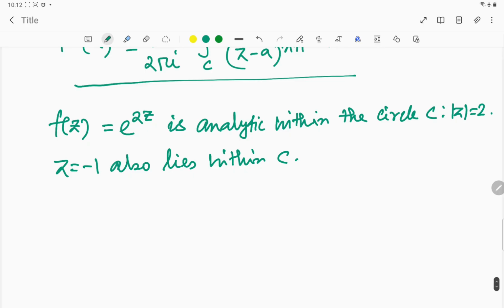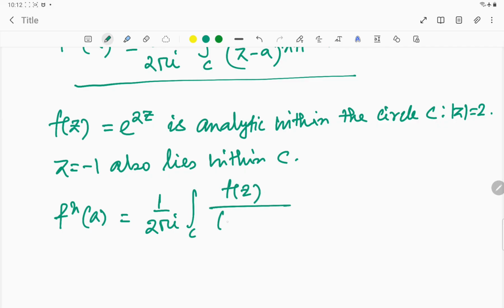So now I shall use this derivative formula. We have f^n(a) is equal to 1 by 2 pi i integration over C of f(z) divided by (z minus a)^(n plus 1).